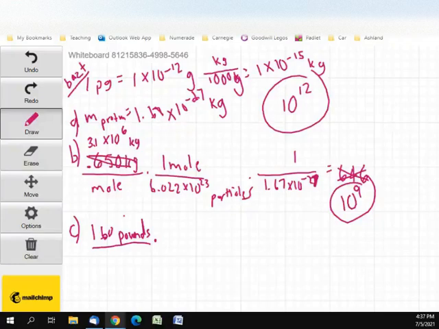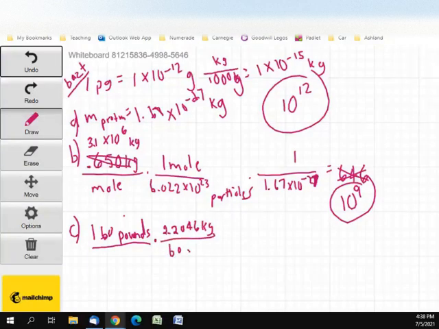I better double check that. Yeah, so there's 2.2046 kilograms in a pound.